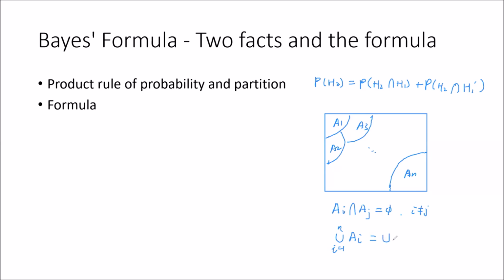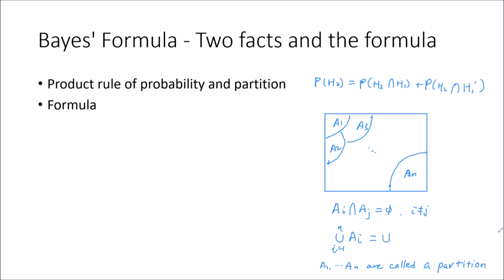U is the universal set, is everything. And then these Ai are called a partition. So A1 through An are called a partition. Maybe you can say the set of sets is a partition of the universal set. All right, so when we talk about partition, remember there are two things.